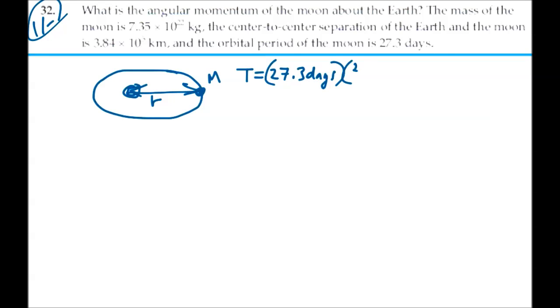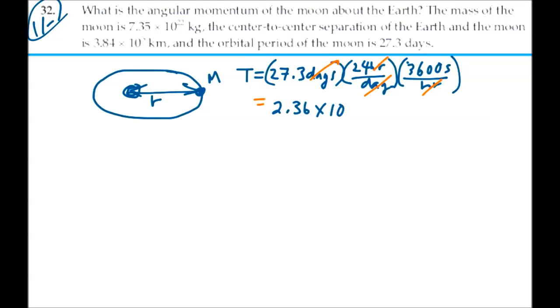Well, knowing that there's 24 hours in a day and 3,600 seconds in an hour, with the hours canceling out and the days canceling out, this gives us an orbital period of 2.36 times 10 to the 6 seconds. That's the time it takes for the moon to go around the Earth.